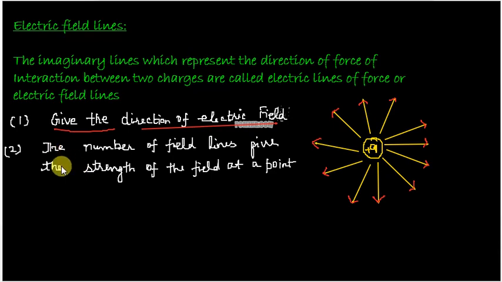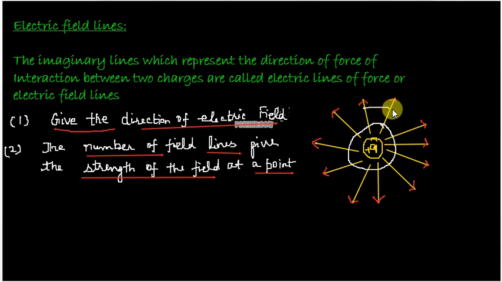The next one is a very important property, that the number of field lines gives us the strength of the electric field at a point. Now you can see here that the field lines are crowded near the charge. So near the charge, in a certain area, you have lots and lots of electric field lines. As you go farther away in that same area, you may be left with just half or a quarter of the number of lines.